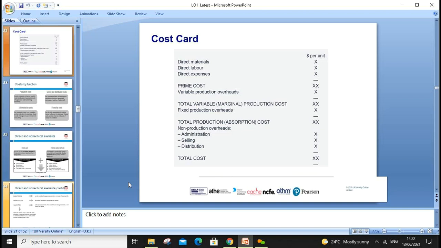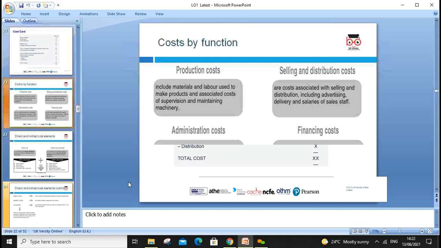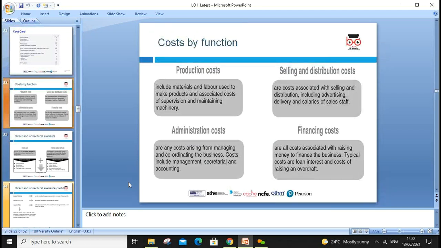If we add them all, it's called the prime cost. Then we add the variable production overhead and we can say the total variable or total marginal cost. Then we have the fixed, and we can say the total production cost, or we call it absorption cost, and non-production costs like admin and selling, which we can outsource to reduce, like a company does.